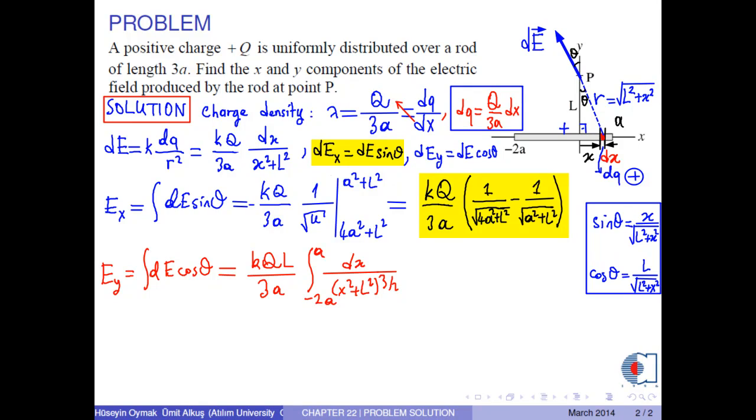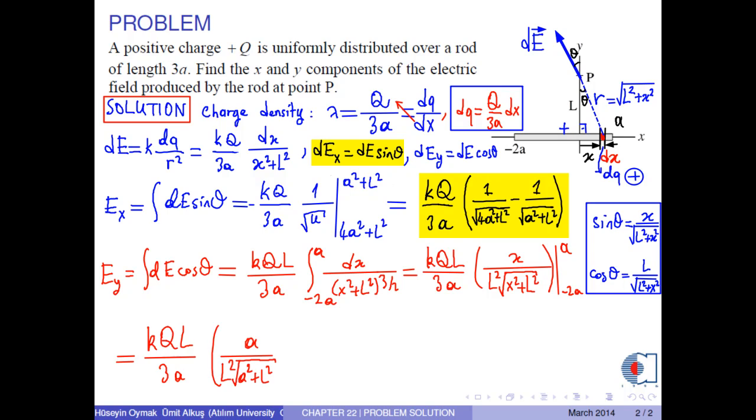As you see, k, Q, L and 3a are constant and they are outside of the integral sign. The integral can be found in the integral table, and it is taken as x over L squared times square root of x squared plus L squared, and the limits are negative 2a and a.